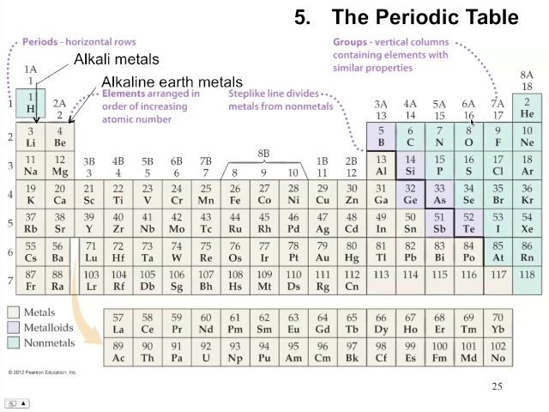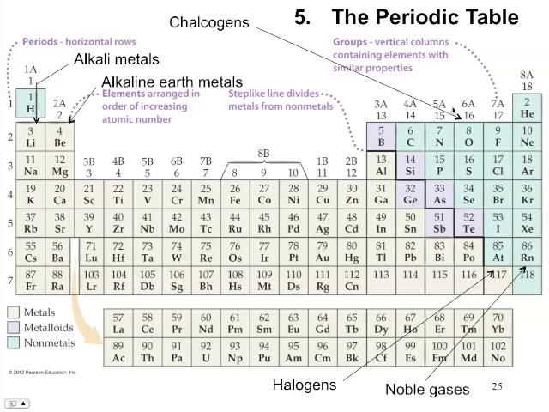The group 16 elements, oxygen, sulfur, selenium, tellurium, and polonium, are called the chalcogens. Group 17 nonmetals, fluorine, chlorine, bromine, iodine, and astatine, are called the halogens. And then finally, the elements that close out the end of the periods are called the noble gases. These are the group 18 elements. So these common names and their associated groups you need to know for the next coming exam.